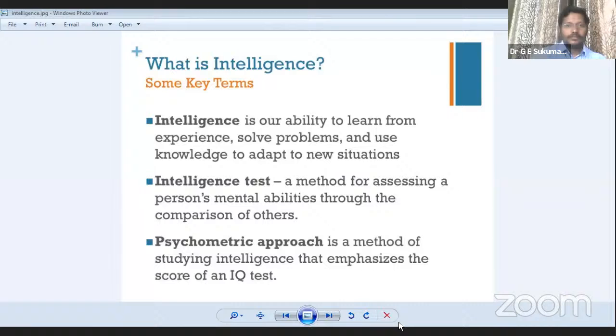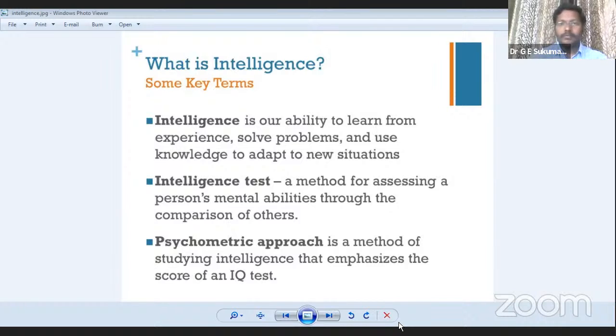So this is what intelligence is. Intelligence is our ability to learn from our experiences, to solve problems, and to use that knowledge to adapt to new situations. Getting adjusted to new situations is also intelligence.